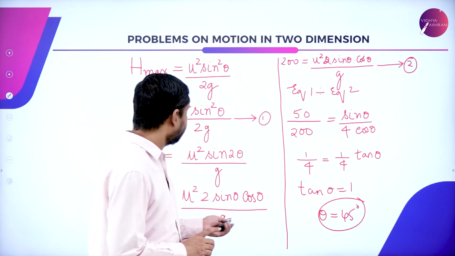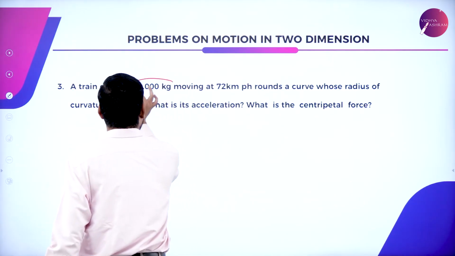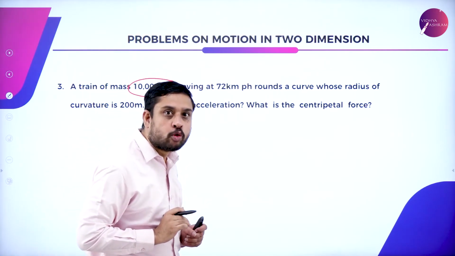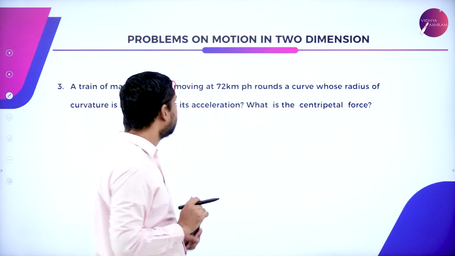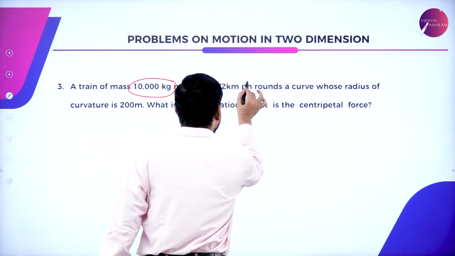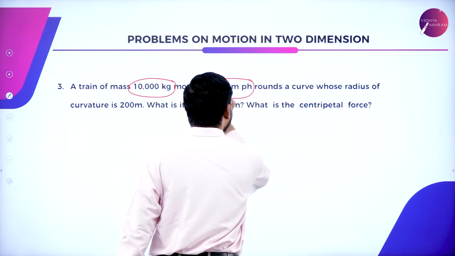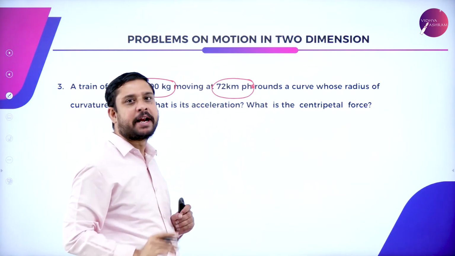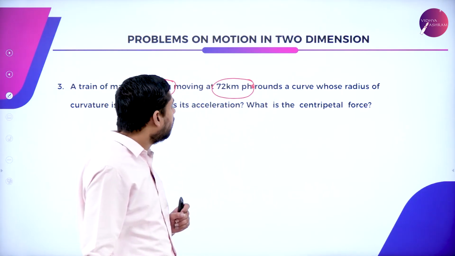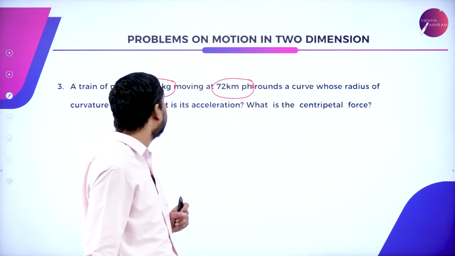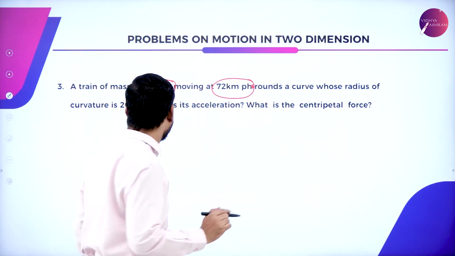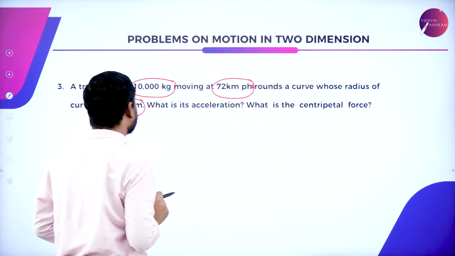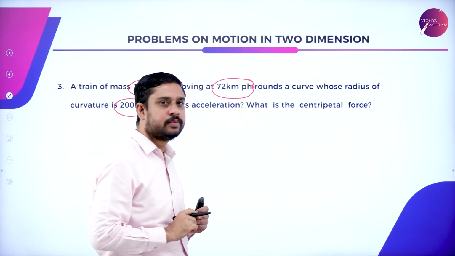The next one. A train of mass 10,000 kg moving at 72 kilometers per hour rounds a curve whose radius of curvature is 200 meters.